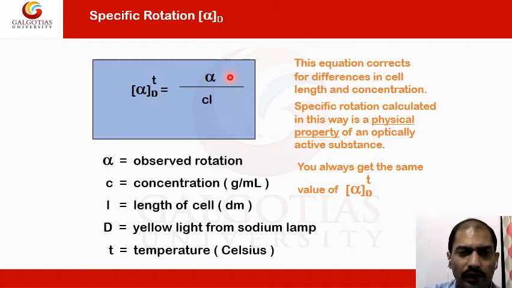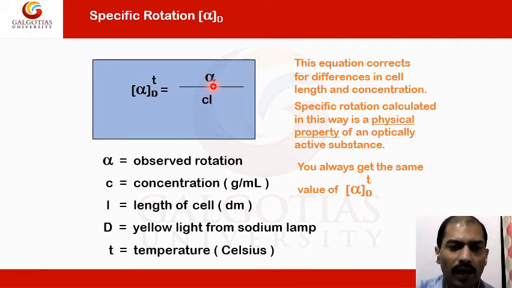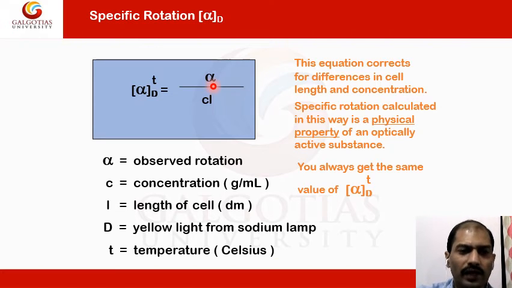So the equation can be written in this form. In place of lambda you can put D, and this will be equal to alpha upon cl. All these terms have their usual meanings, as we already discussed.